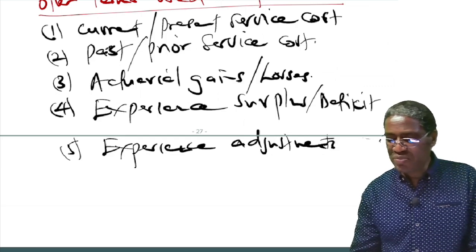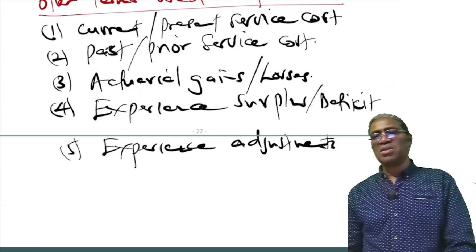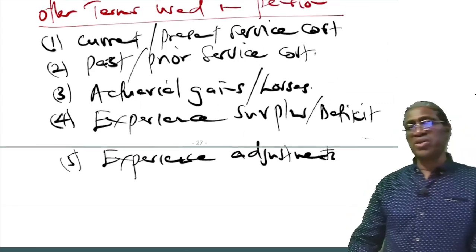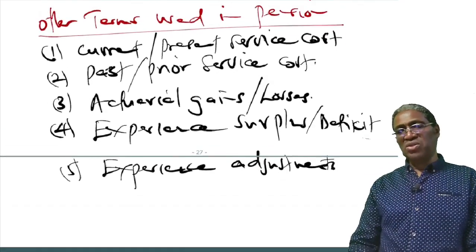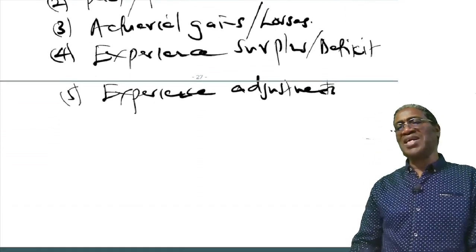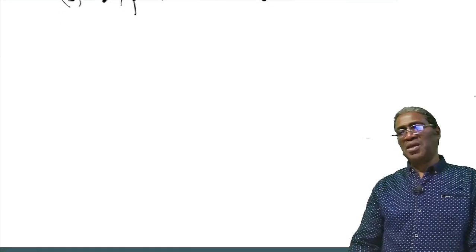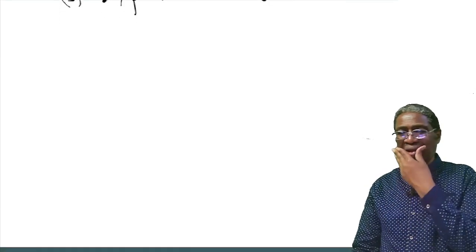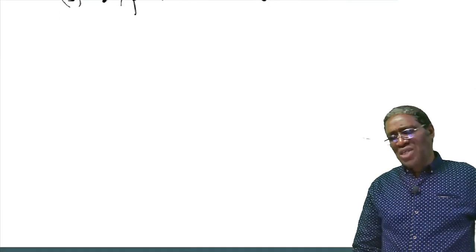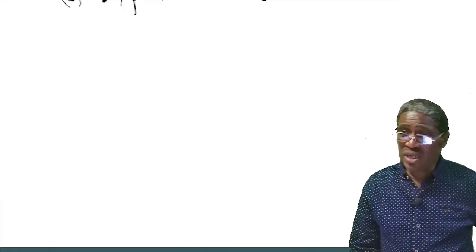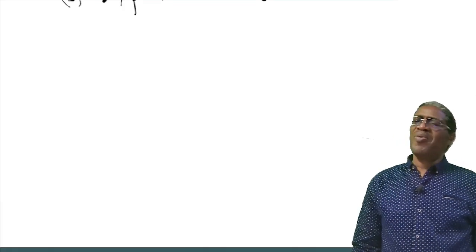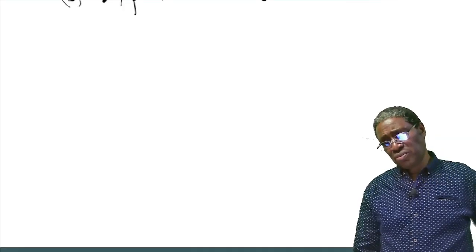Good. Let me go through each of the terms. Then from there we shall use them in our calculations. Number 1 is what we are calling current service cost. Now, let me explain it. You as a company started operating many years ago.